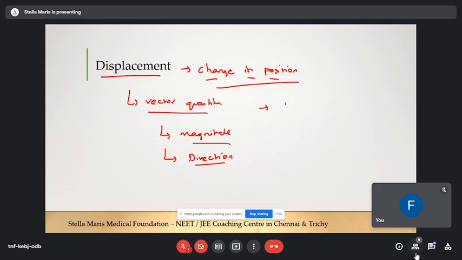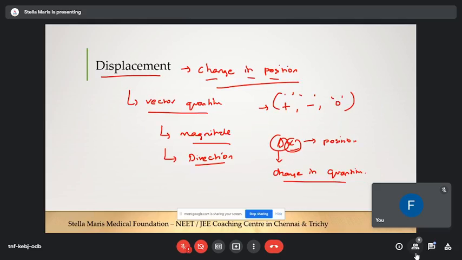So displacement is del x, and del x is equal to x2 minus x1. x2 is the final position of the object. x1 is the initial position of the object.